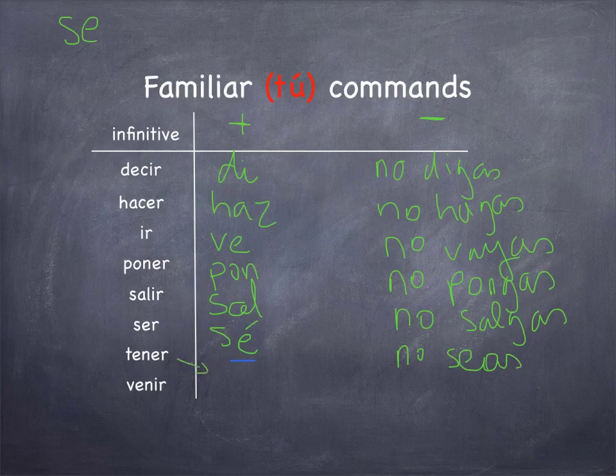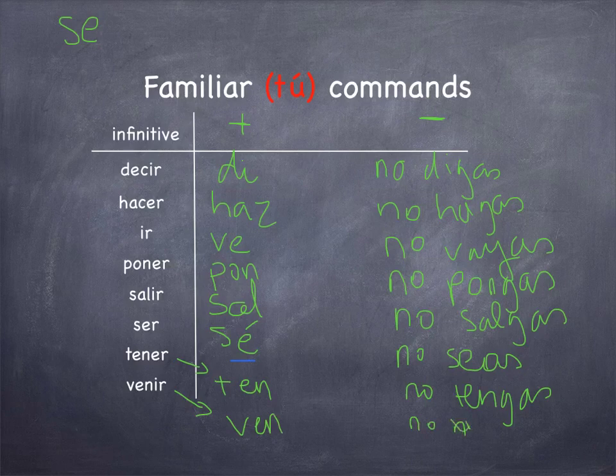Tener, ten. No tengas. Venir, ven. No vengas. Only these 8 verbs in Spanish are irregular in the familiar tú commands.